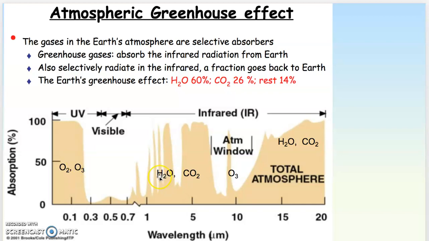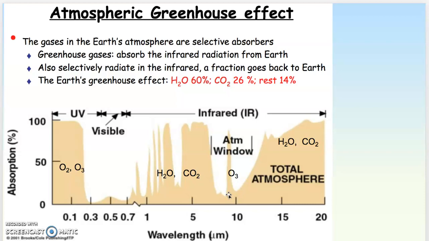Then in here, in the near infrared, water does an enormous amount of absorption of near infrared waves. And a little bit farther out in the infrared, CO2 does a lot of absorbing of infrared waves. The part of the atmospheric window that does absorb infrared and bounce it like a ping pong back to the Earth's surface is ozone that is lower in the atmosphere, like smog.